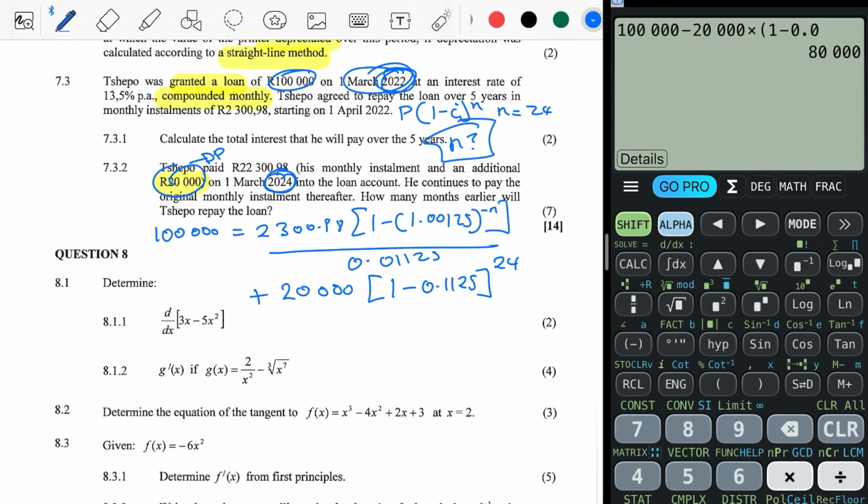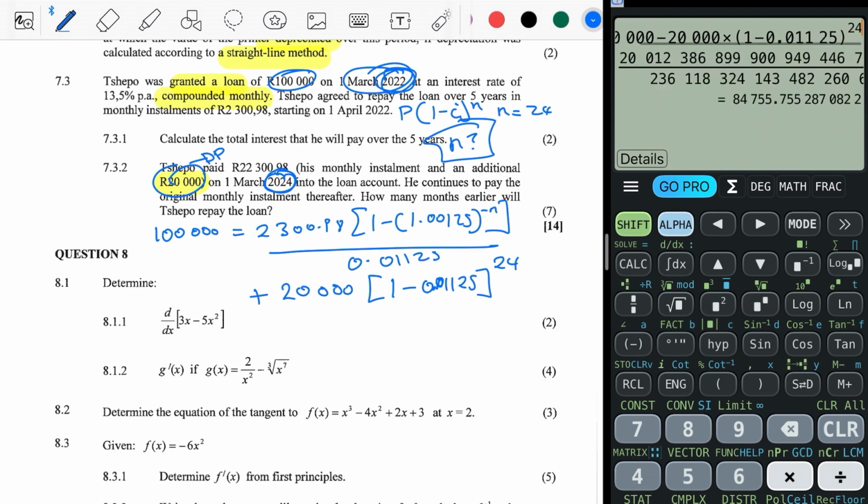Yes, it's double 0 there. Ah, man, that's the reason I hide this, because it's very tedious. Very easy to make a mistake. But just pay attention. So you got 84,000.